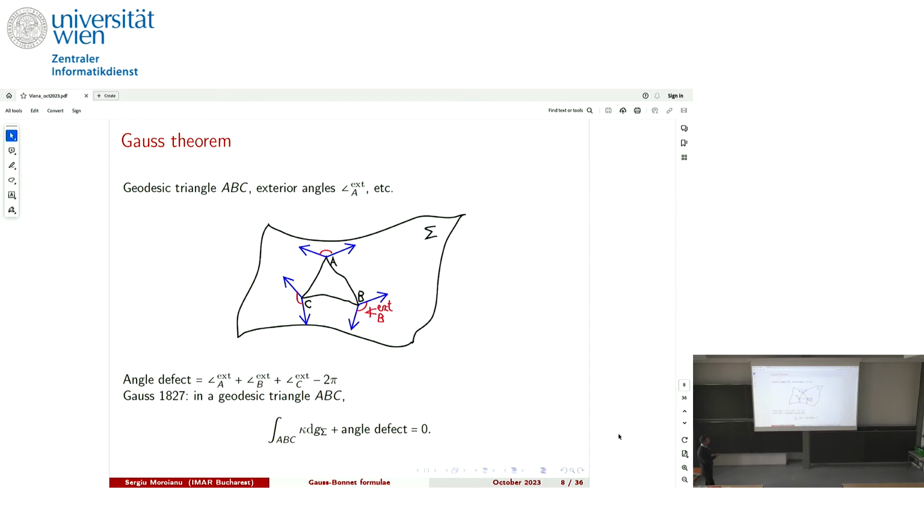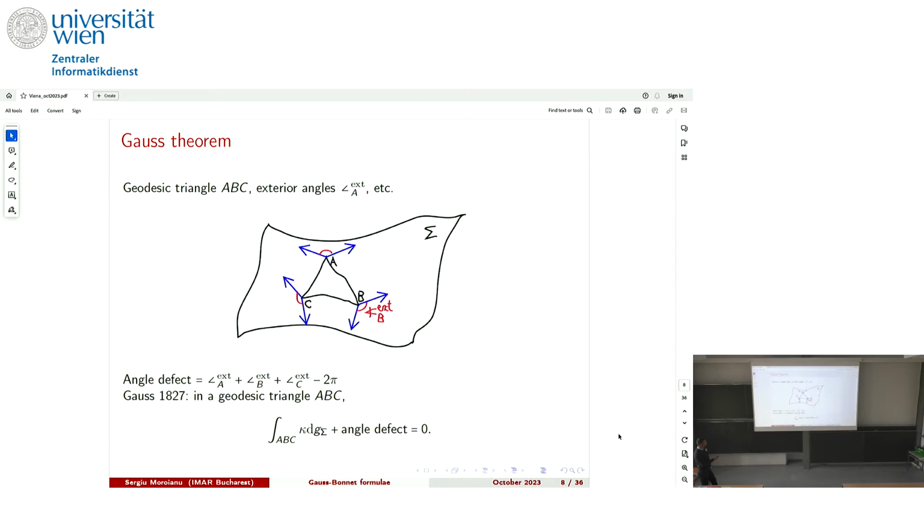And the Gauss formula is the following: you integrate the curvature on, say, a geodesic triangle, add the angle defect for the exterior angles, and the sum is 0. So this is a way of computing the angle defect.